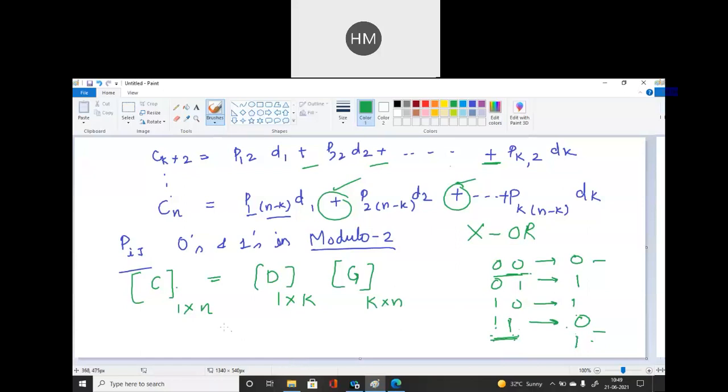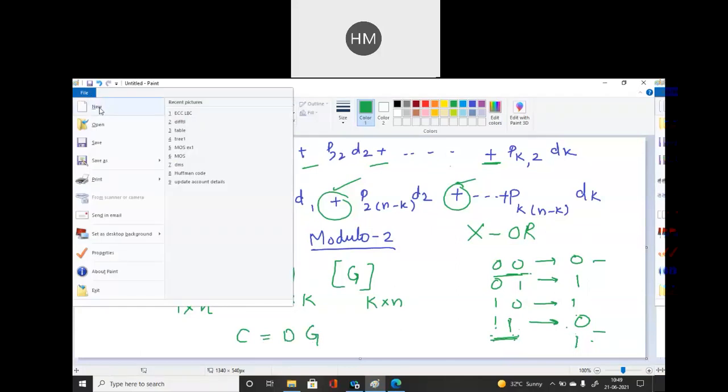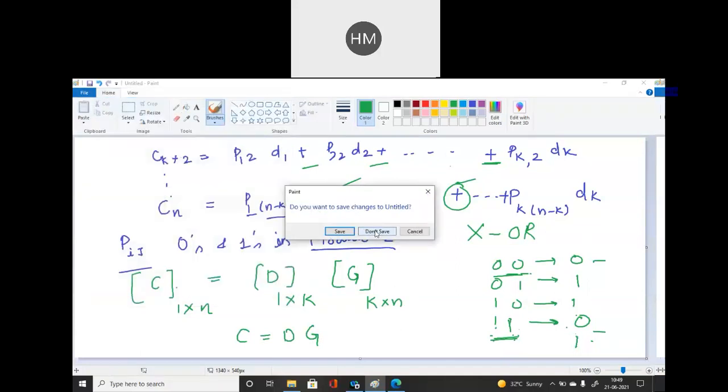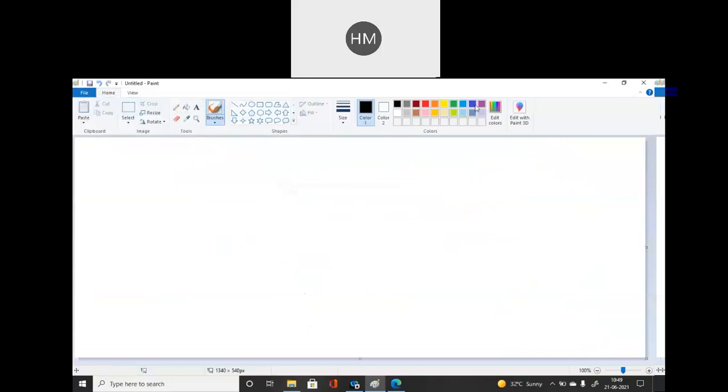ठीक है, तो C को क्या लिखोगे? जनरेटर मैट्रिक्स. And in general you can write this as C is equal to D G. ठीक है, G is the generator matrix. And why is it known as a linear code, students? What do we mean by linearity over here? ठीक है, linear का मतलब होता है कि sum of two code words is also a code word in that same sequence.